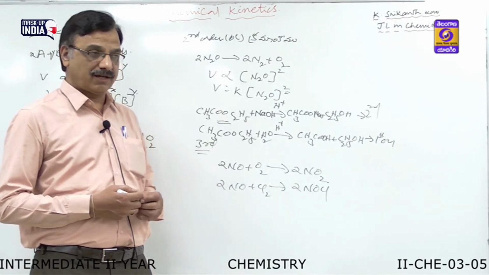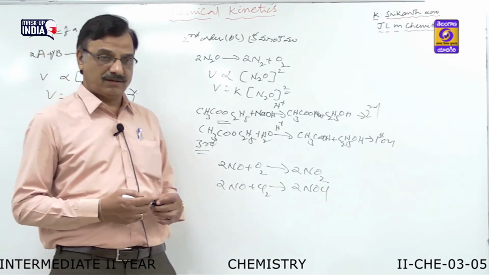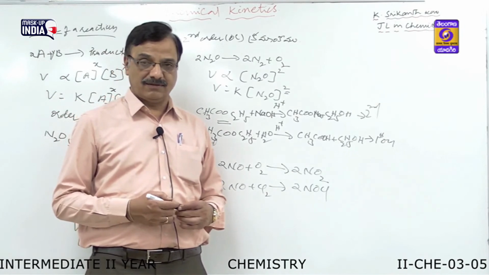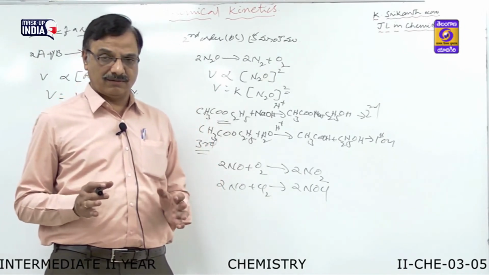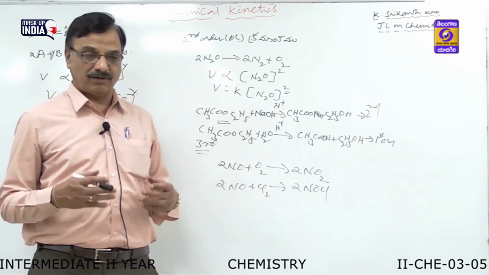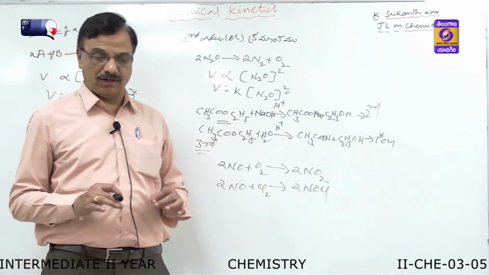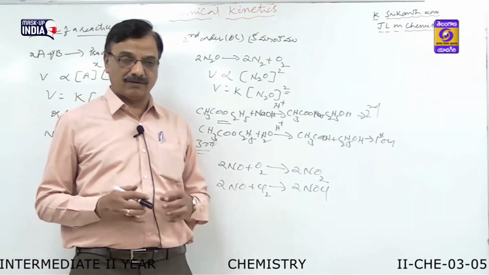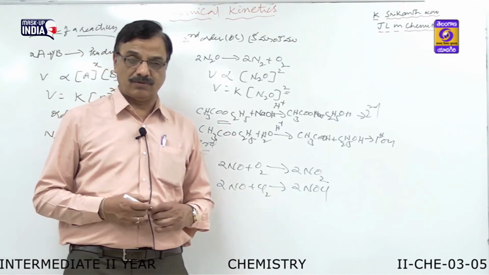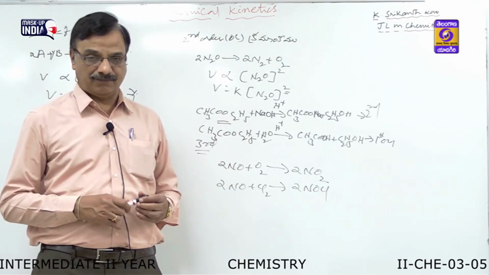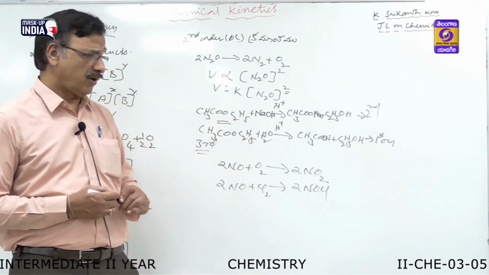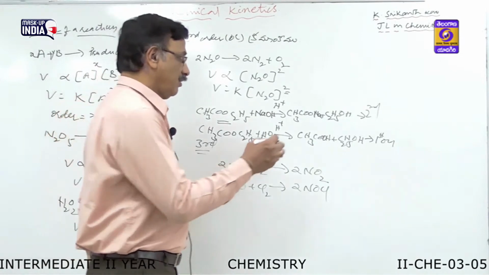The order of the reaction can be 1, 2, 3, even 0 and fractions. And the order of the reaction is determined experimentally only, not just by looking at the reaction. Only experimentally can we determine the order of the reaction, applicable to elementary reactions and complex reactions. Right? Then, going to the molecularity of the reaction.